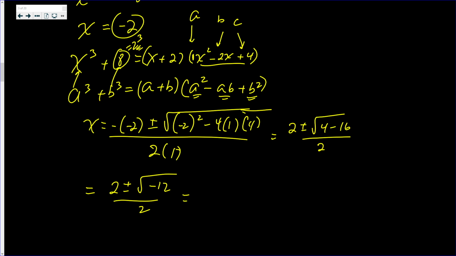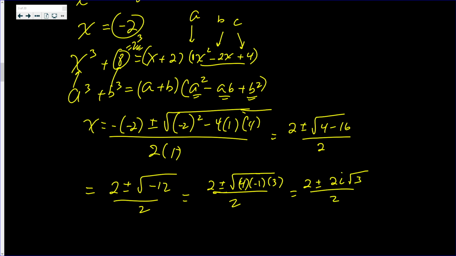The only number that I know the square root of that goes into 12 is 4. 4 times -1 times 3. They multiply out to -12. I know the square root of 4. I know the square root of -1. I have no idea what the square root of 3 is.